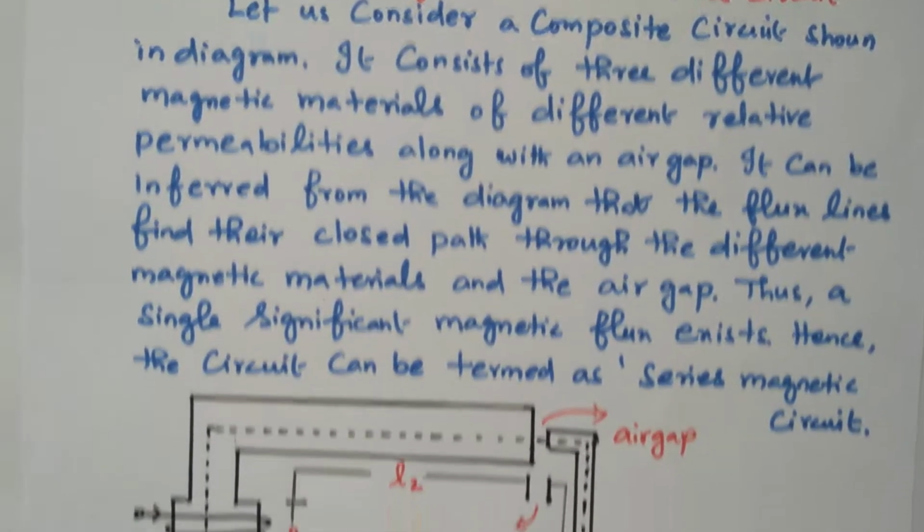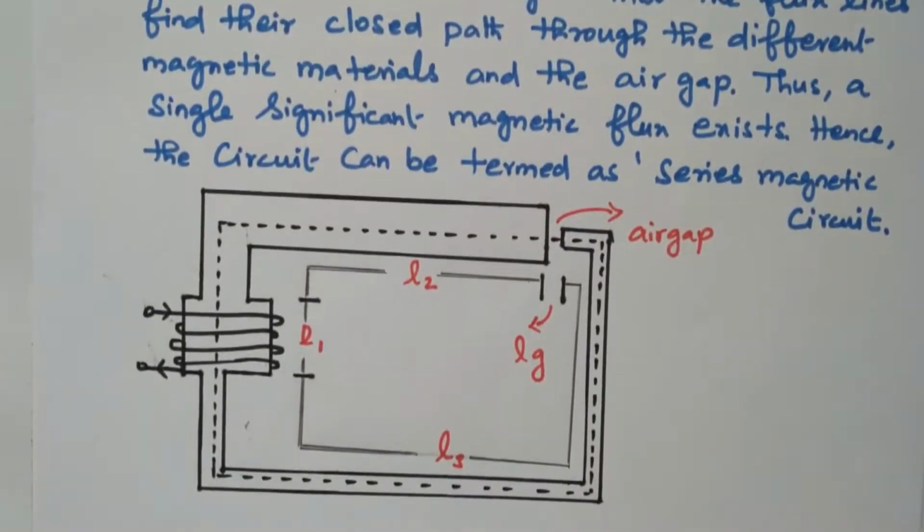Now we will refer to the diagram so that we can understand clearly. This is one magnetic material, the width is more. This magnetic length is L1. This is another magnetic material with length L2, and its width is lesser than this.